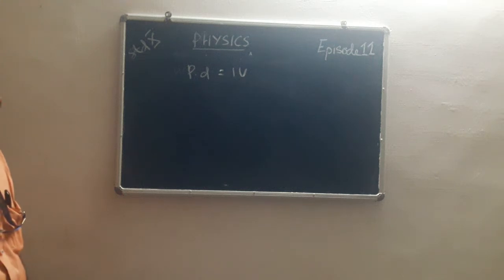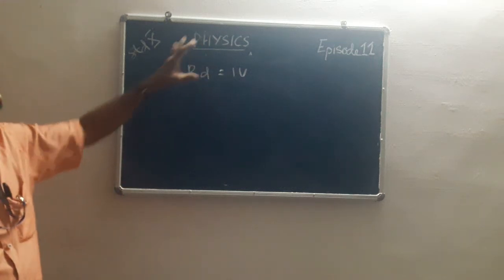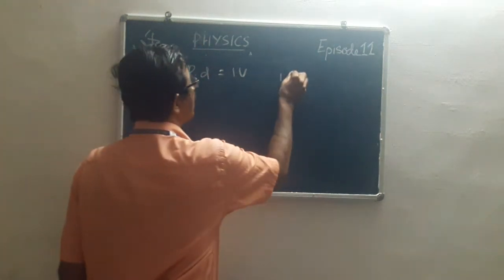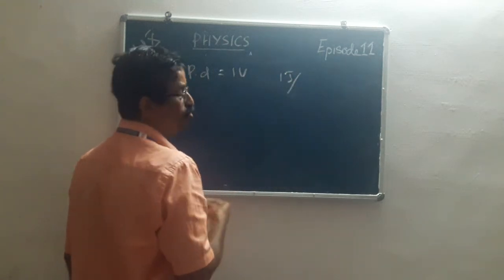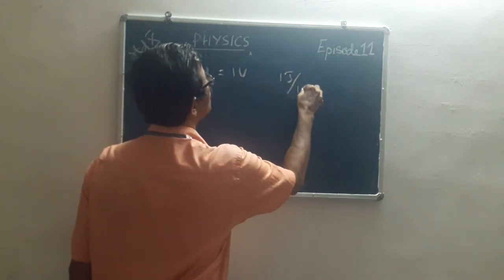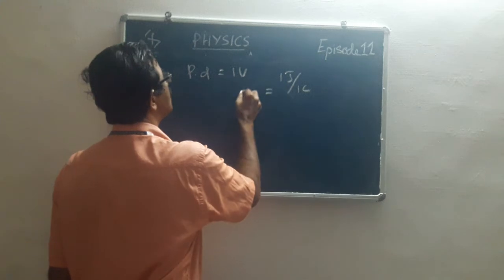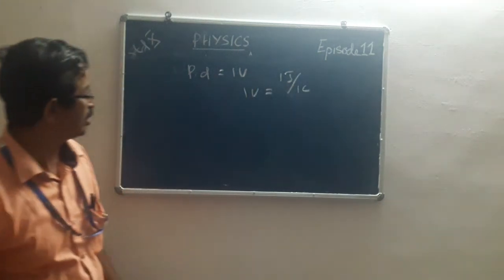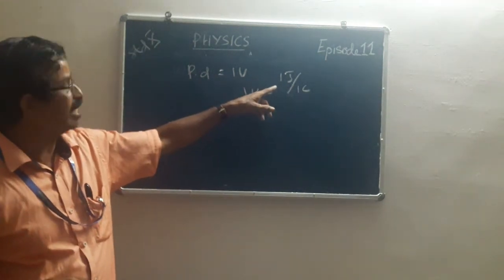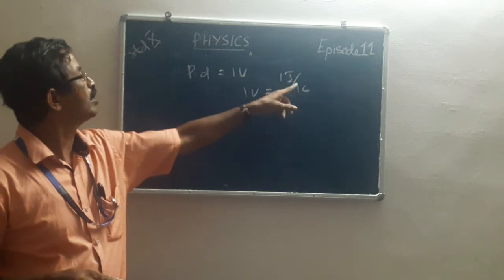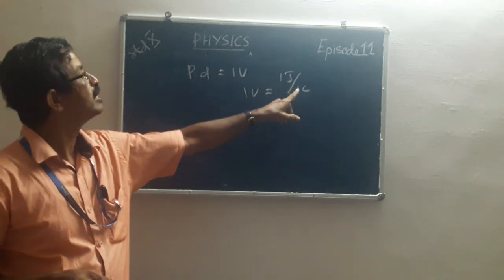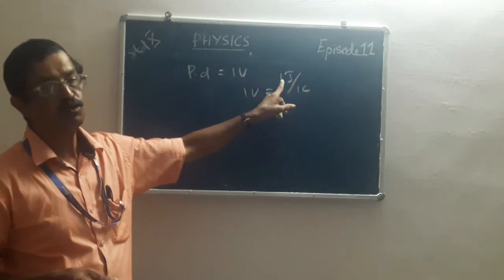See, we know what is actually 1 volt. When 1 Joule work is done to flow 1 coulomb charge, the potential difference is 1 volt. So it means that in the conductor, to flow a charge of 1 coulomb, 1 Joule work is done.